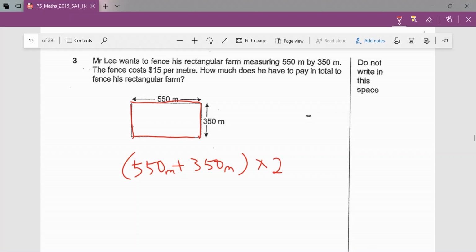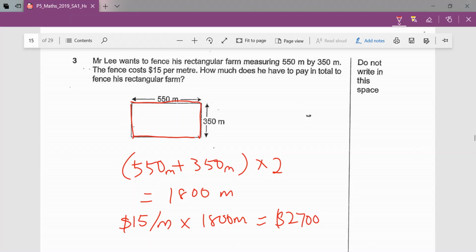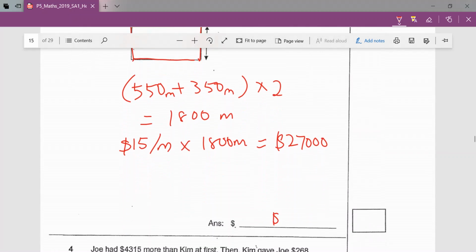So I times 2, it will be equals to 1800 meters. So the fence costs $15 per meter times 1800 meters. That would be $27,000. Answer is $27,000.